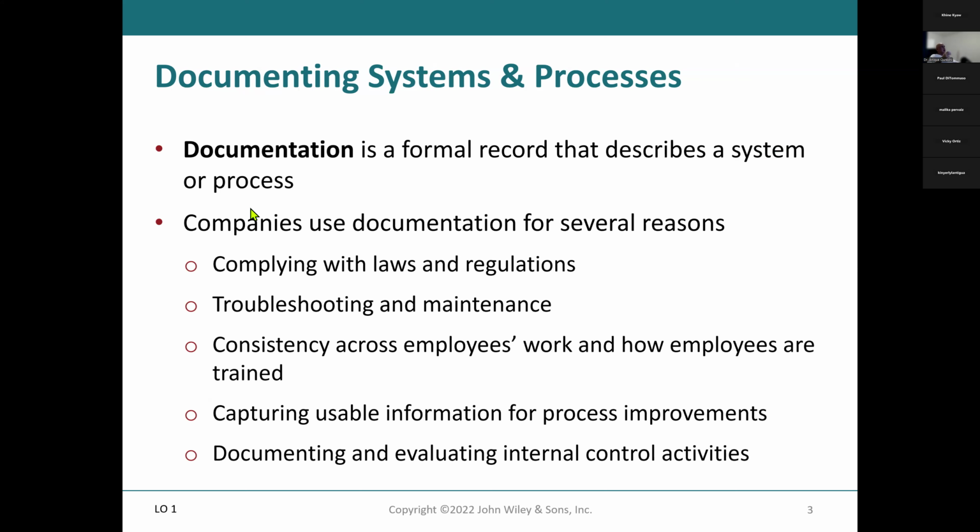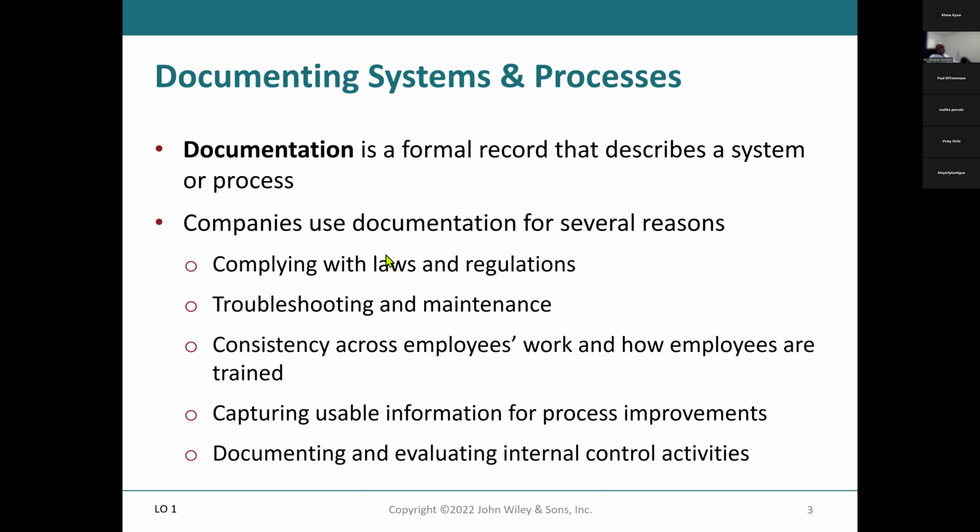That would be the process. So, for example, if you are receiving inventory, what would be the process? What are the steps that need to be followed? So you would be documenting that, how, using one of these documentation techniques.